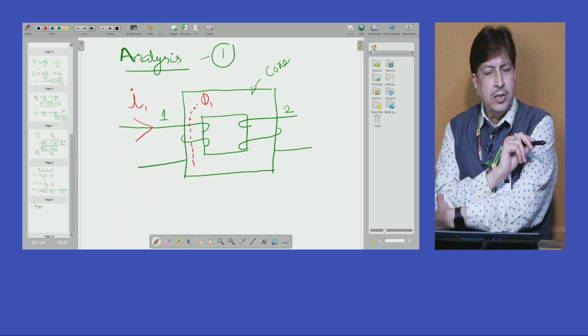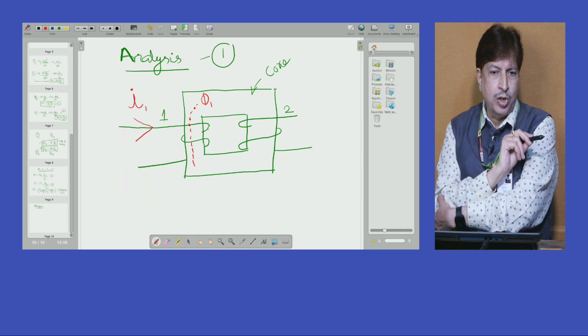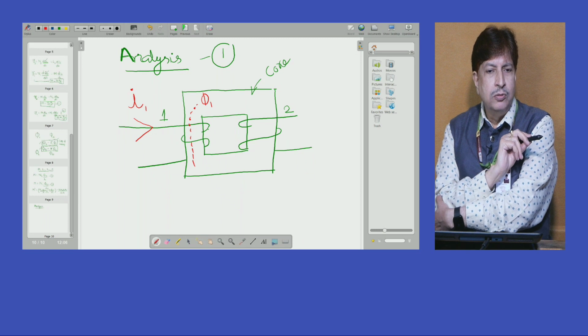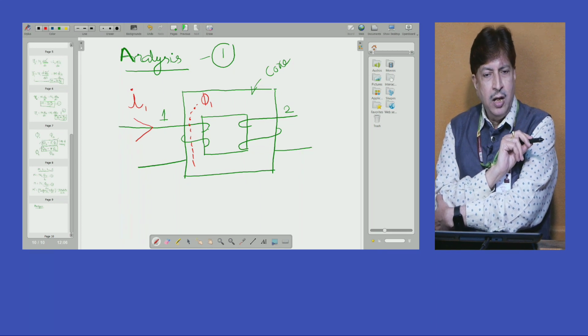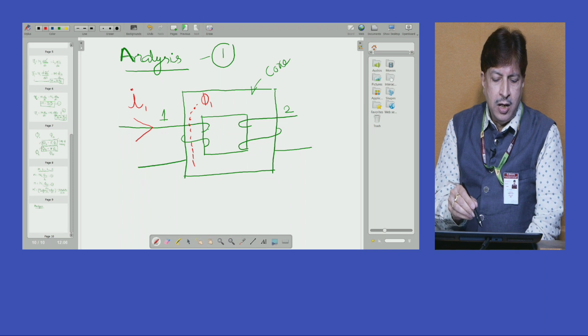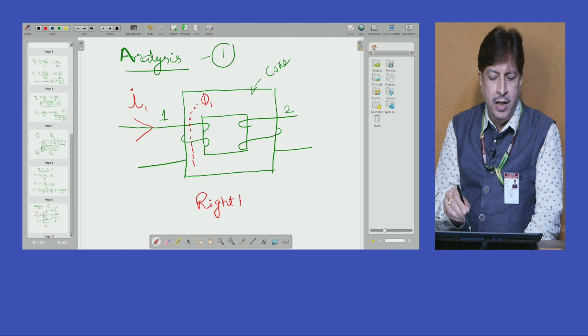In the analysis, the first step you need to identify is the direction of the main flux developed in the core of the coupled circuit. Now, I am going to explain a rule you have already studied in your childhood classes, called the right hand rule or right hand gripping rule.